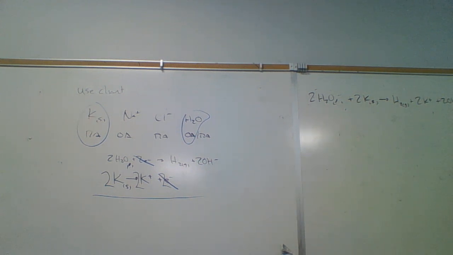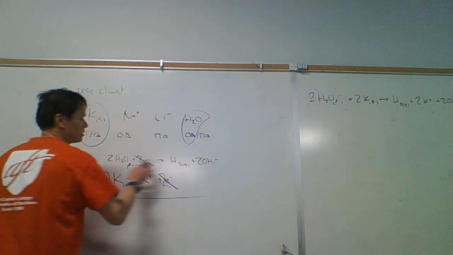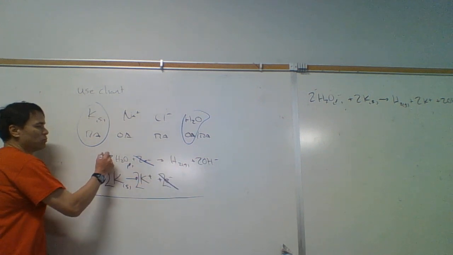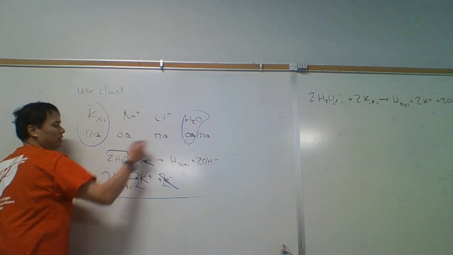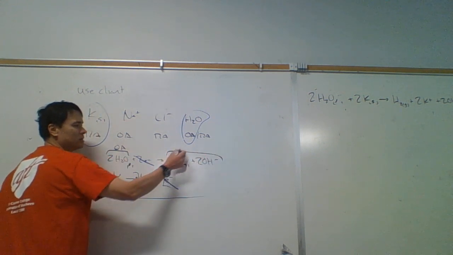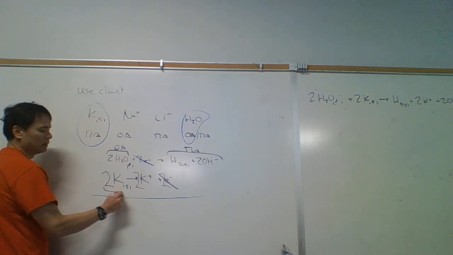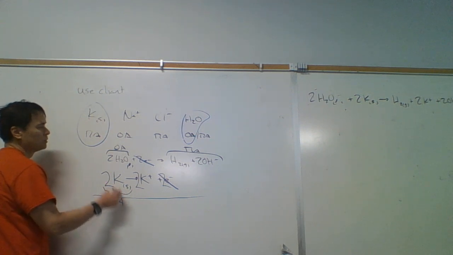No, aqueous. Is it always aqueous? And then the driving force. Well, the easiest place to do the driving force is from the half reactions, these are called half reactions. What was water again? Water is an oxidizing agent, and so we use the conjugate relationship. If that's the oxidizing agent, this will be the conjugate reducing agent. Potassium is a reducing agent.